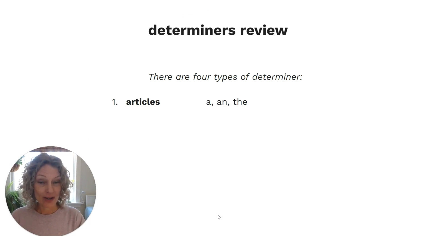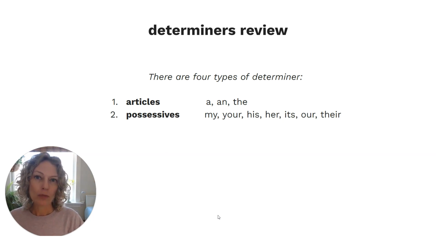There are the articles, which are a, an, and the, which show if a noun is general or specific, as in, I need a new car. I like the car that my sister bought. So a shows any car in general will be fine. But when I say the car that my sister bought, I'm talking about a specific car.